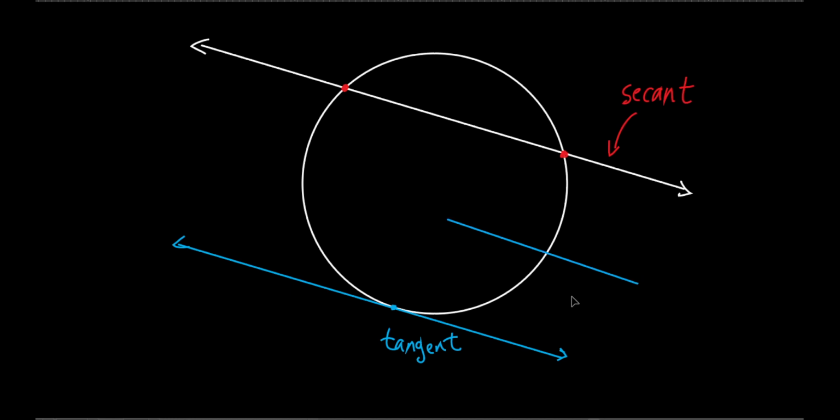Well, let's do this. A tangent, did I say segment? I think a secant can also be a segment, but a tangent cannot be a segment. A tangent has to be a line. I may be wrong on a secant being a segment; I think they usually define it as a line, but a tangent always has to be a line.